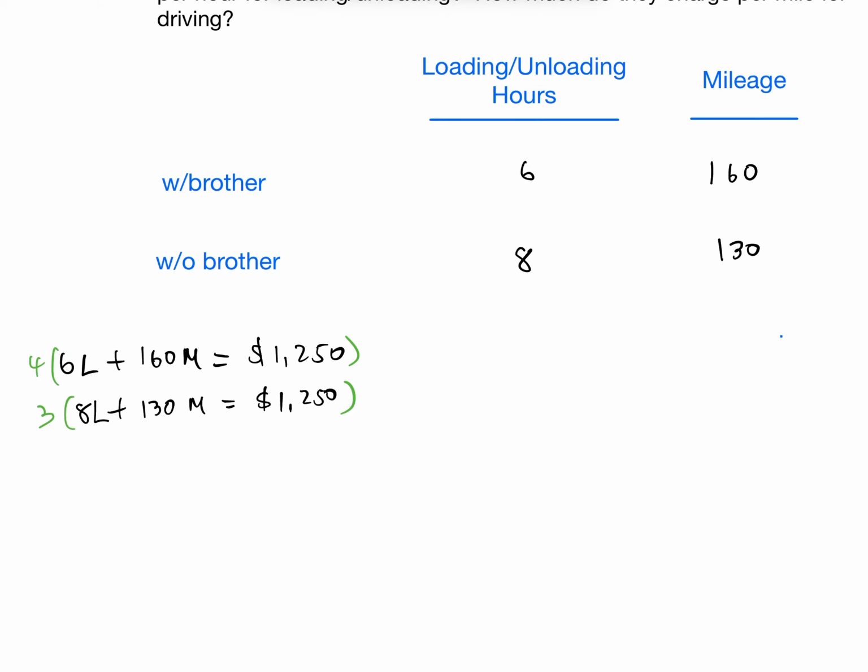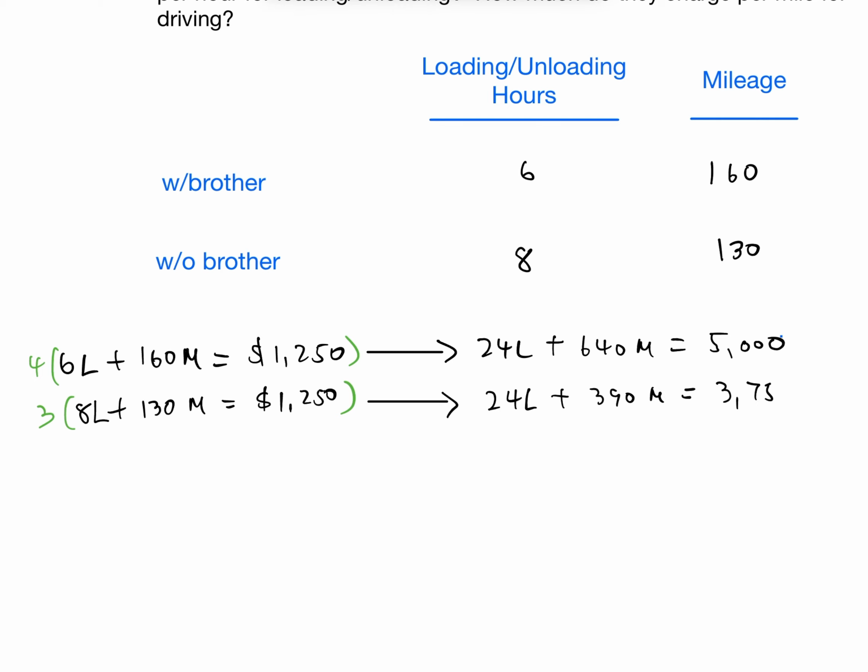And when we do that, we get 24L plus 640M, and that's going to equal 5,000. And then the second equation, multiplying that by 3, we get 24L plus 390M is equal to 3,750.